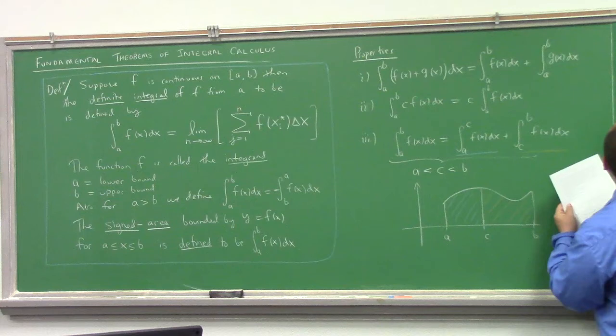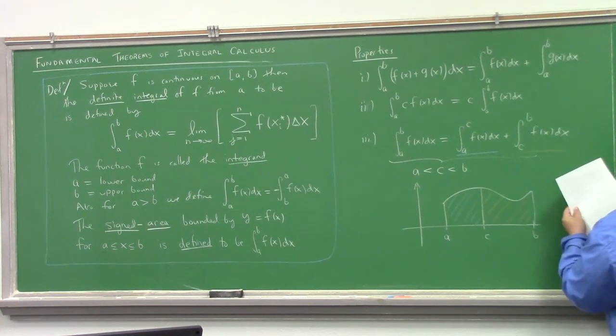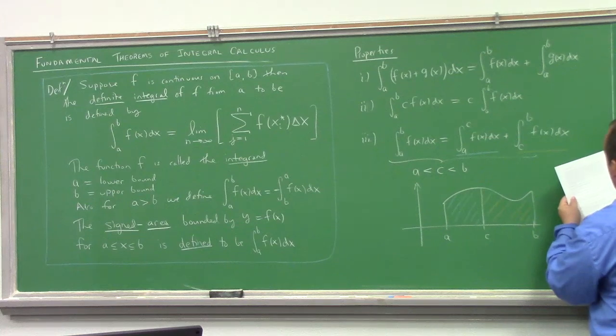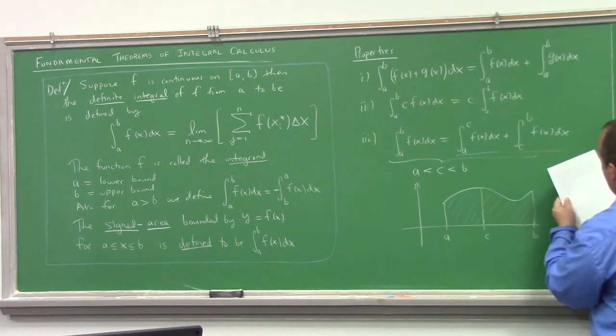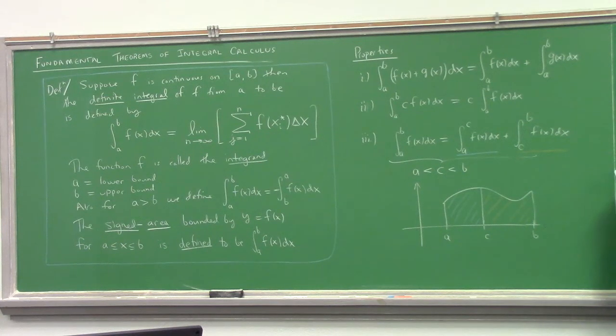Proposition 7.2.22. It has a few more properties of the definite integral. So this is for f and g continuous on the closed interval from a to b, and m a real number.